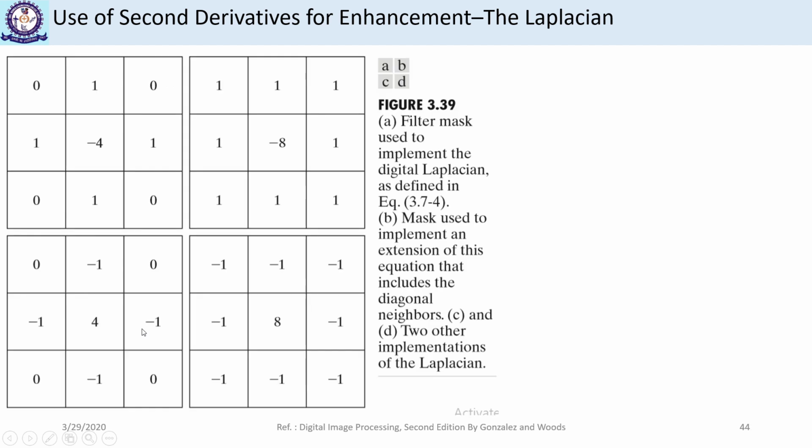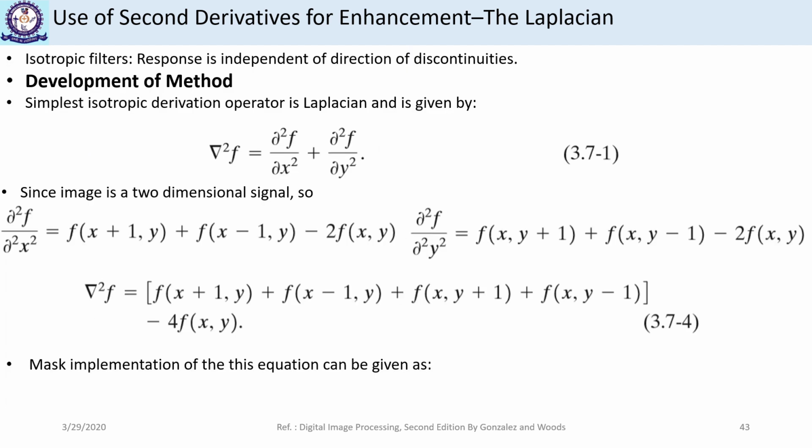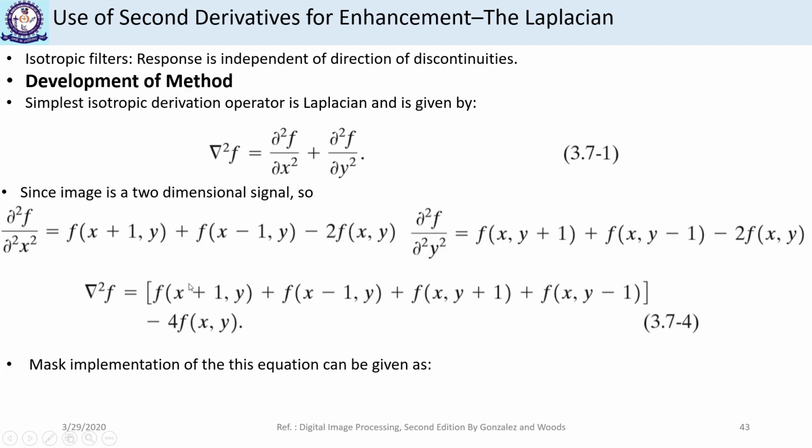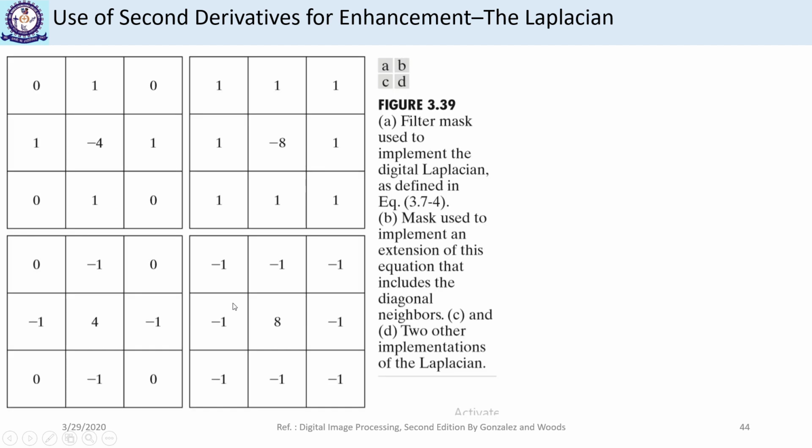If the center is (x, y), then (x+1, y) means the next row and the same column.